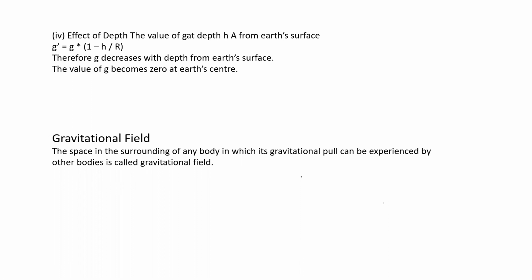So what is the effect of depth on the value of g? That is g' equals g into bracket 1 minus h divided by r. You can also write it as g' equals g minus gh divided by r, by multiplying g inside the bracket, or we can take g common also.